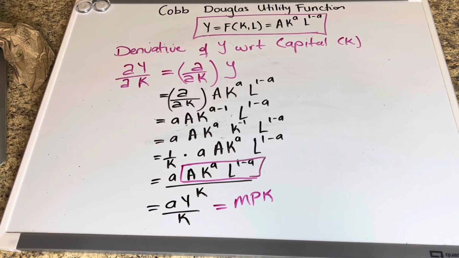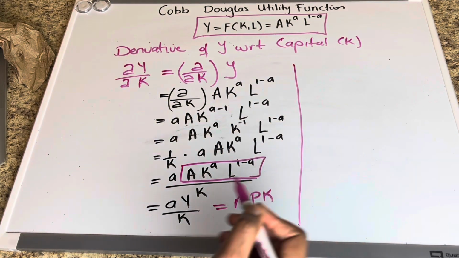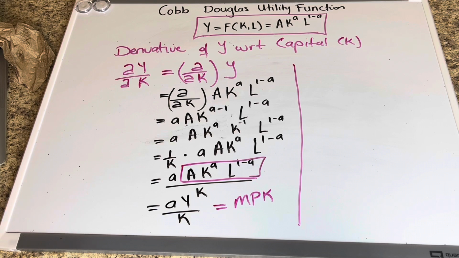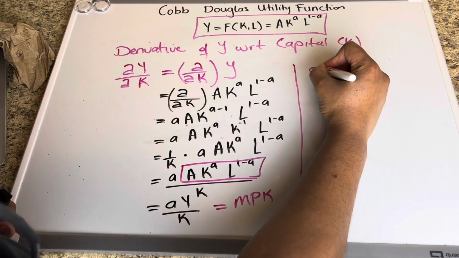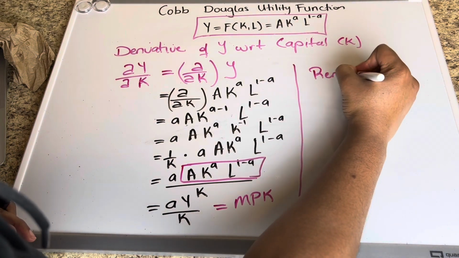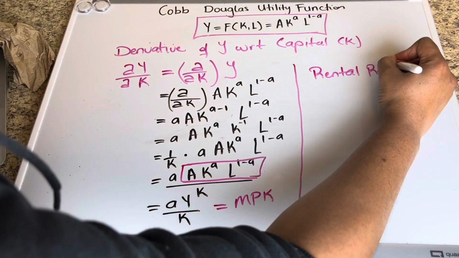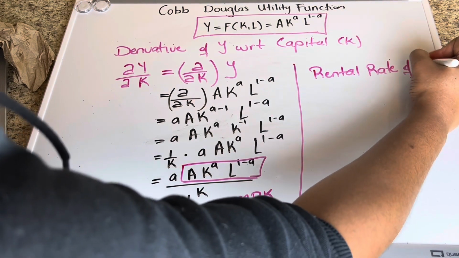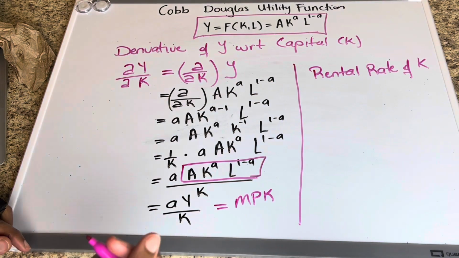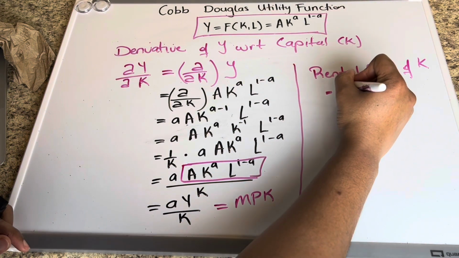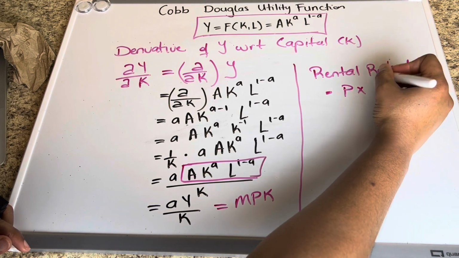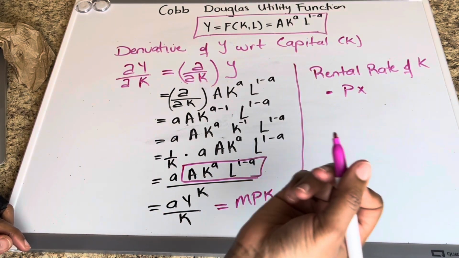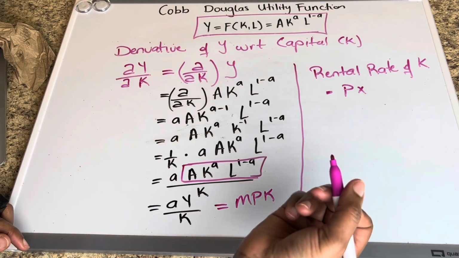And another equation that you might also find useful, let's go ahead here, would be the rental rate of capital, the nominal. So let's go ahead, rental rate of capital. Let's go ahead and quickly write that. I'm just going to put K for capital, and that's going to be equal to price times, just in case you need this, price times the marginal product of capital, okay?